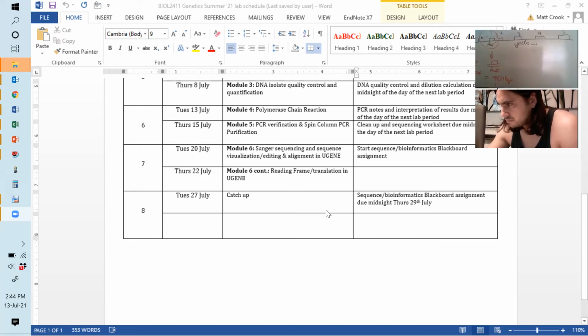Sorry, I drew them a little small, it's the downside of having a small whiteboard. We designed these primers based on what we know about the yellow genomic sequence, so that they bind to the DNA on either side of exon 1.